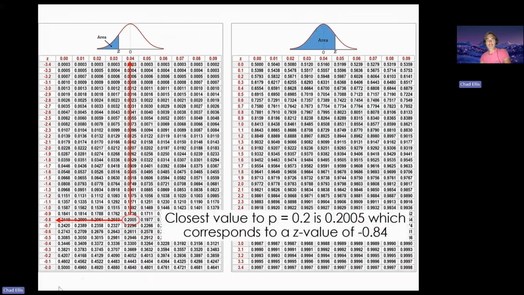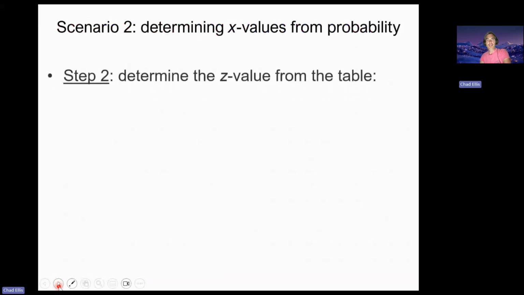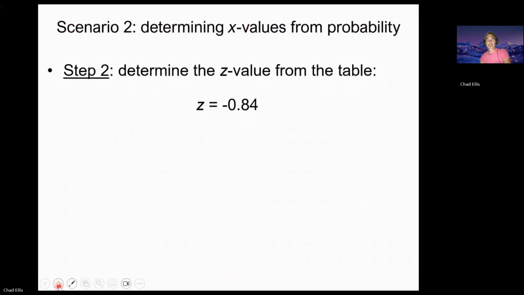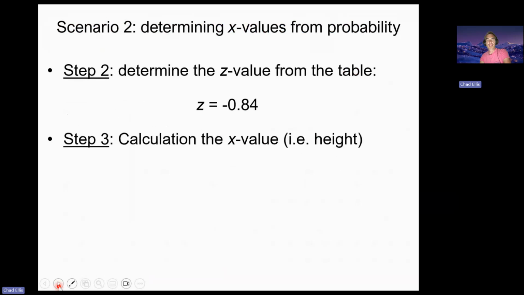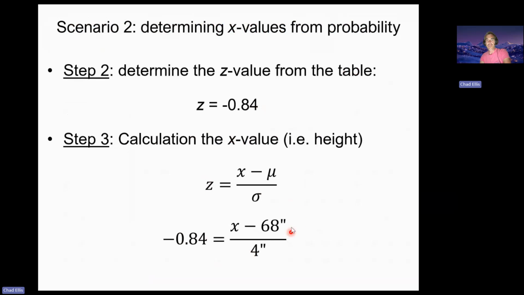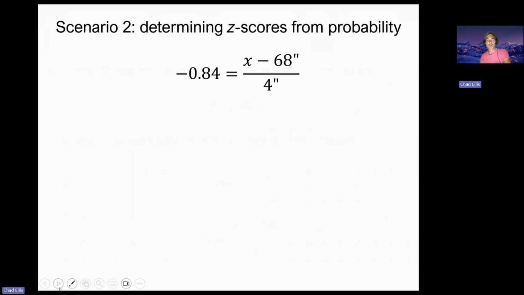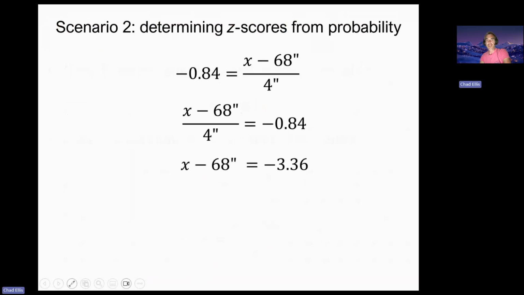So that's going to be our Z value, and then from that, we're going to calculate the raw score, or X height value, using that same formula again. We're going to plug in our Z value, mean, standard deviation. Again, we do our algebra here, switching things around, multiply by 4, add 68 to both sides.